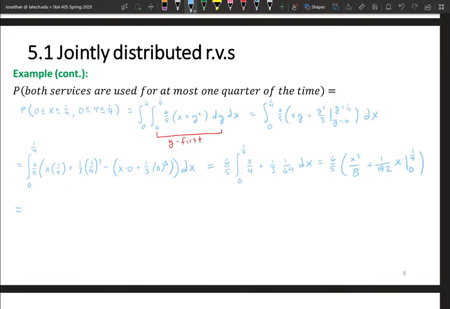And you plug in the bounds: it's going to be 6/5 times (1 over 8 times 1 over 4 squared plus 1 over 192 times 1 over 4), minus 0 plus 0. And the decimal, this turns out to be 0.0109.